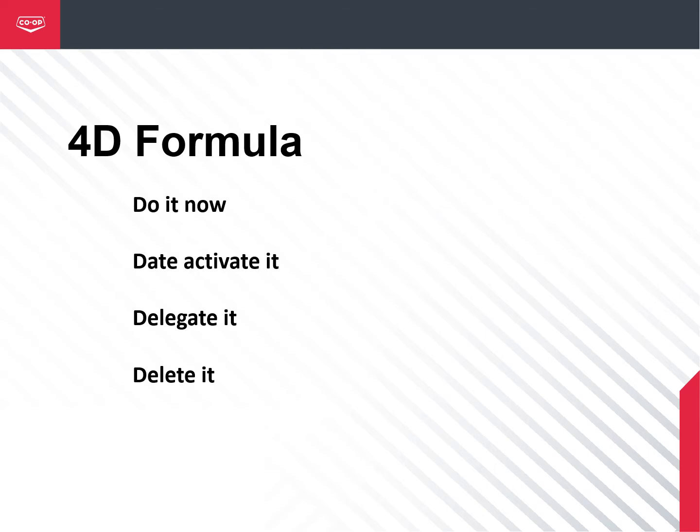So now that we have 4 ways to look at each individual task, what order should you run through the 4 Ds? The first thing you should ask is, can I delete it? The second is, can I delegate it? The third is actually do it now, which is often the one that we start with.